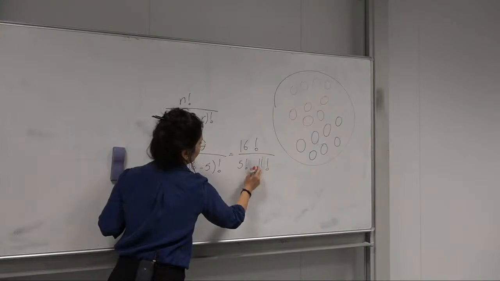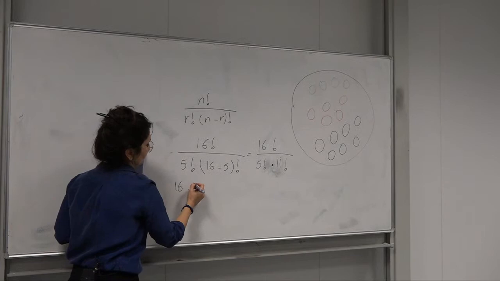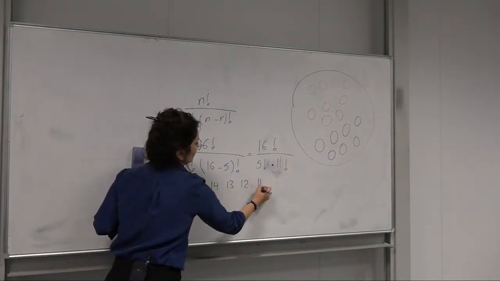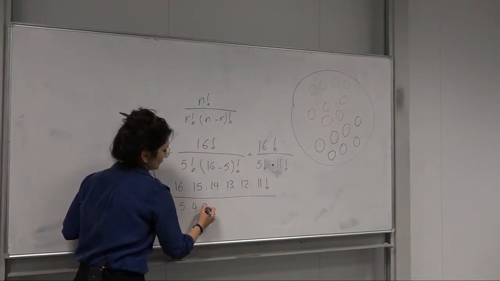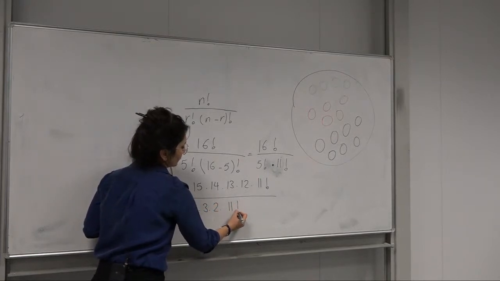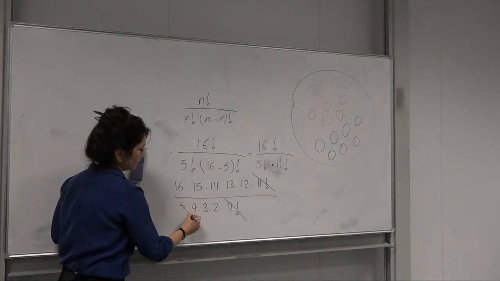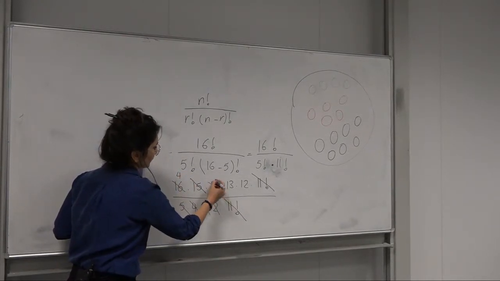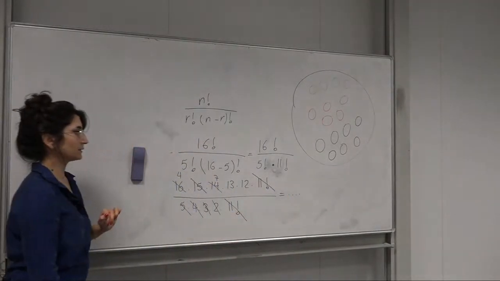So this is 16 times 15 times 14 times 13 times 12 times 11 factorial divided by 5 times 4 times 3 times 2 times 11 factorial. The 11 factorials cancel. Now I need to simplify the others. 15 cancels with 5 times 3, 4 goes into 16 giving 4, 2 is 7, and then you multiply the numbers, and that's the answer. This is how you calculate it.